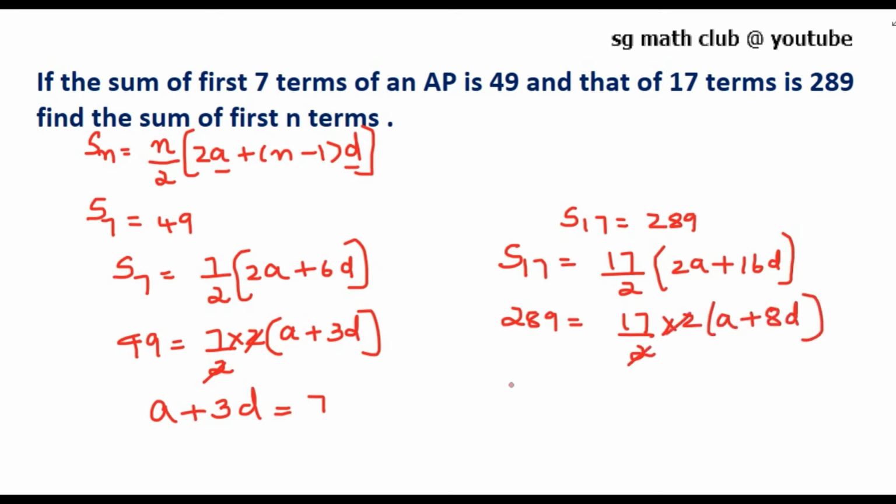This will get cancelled. 289 divided by 17 is 17, a plus 8d. Now this is our first equation, this is our second equation. We can solve these two equations and get the values of a and d, and finally substitute in the formula, so we will get the value of Sn.